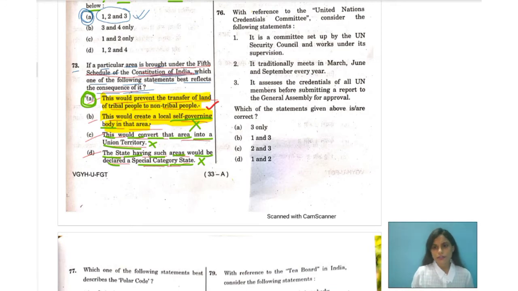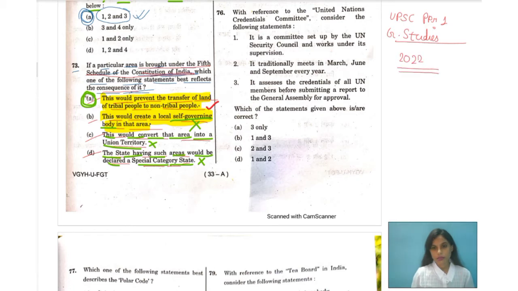So these are from the preliminary section, that is paper 1. We are talking about UPSC paper 1, the general studies paper. This is from the 2022 paper.